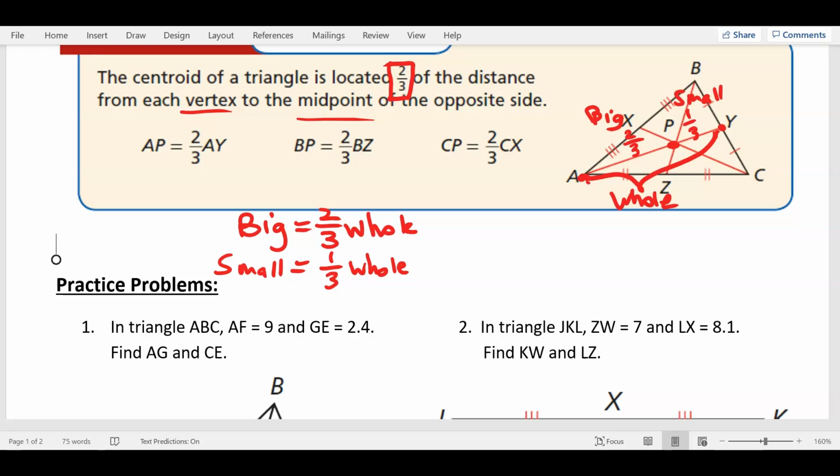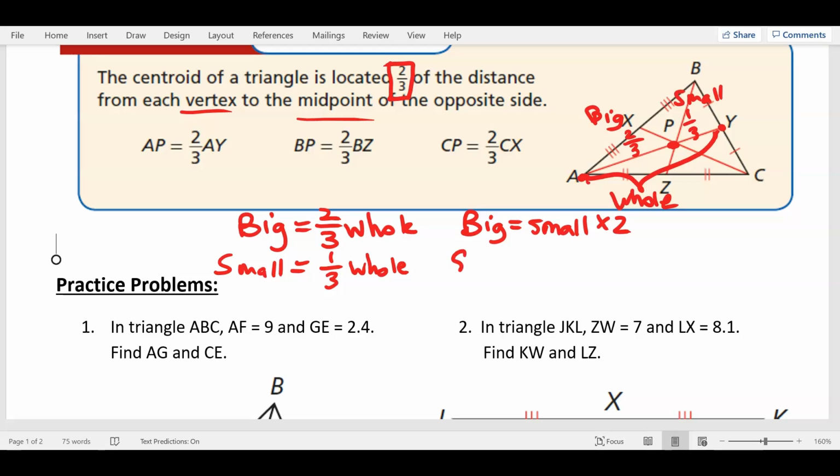If I'm looking for the big one and I have the small one, it's going to be the small one times 2. Here's why that works. Isn't 2/3 twice as big as 1/3, right? 2 is twice as big as 1, right? So if you have the small section, you can get the big section just by multiplying it by 2.